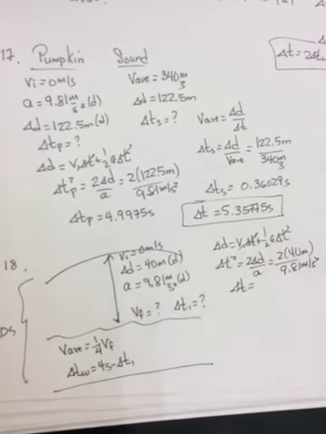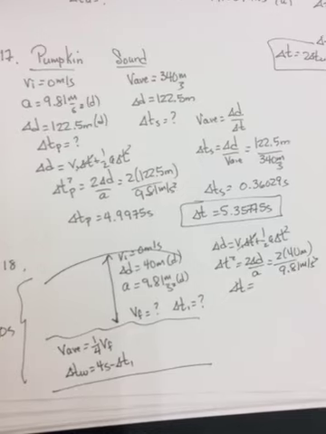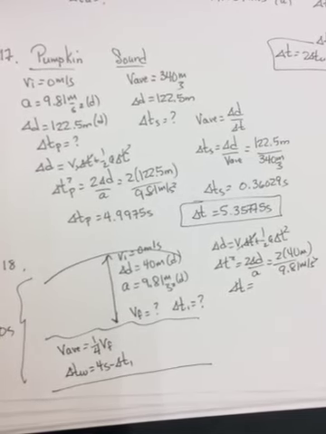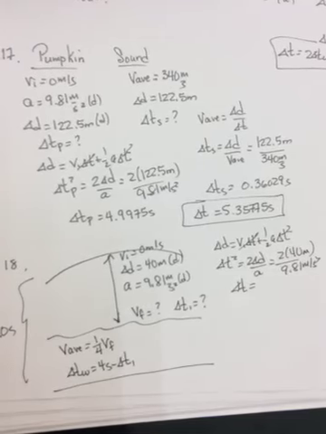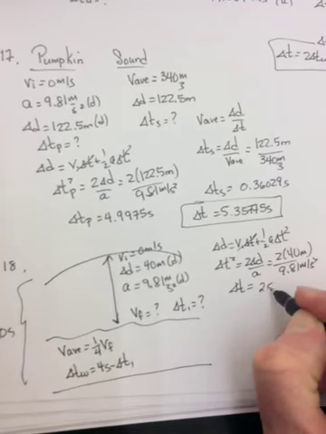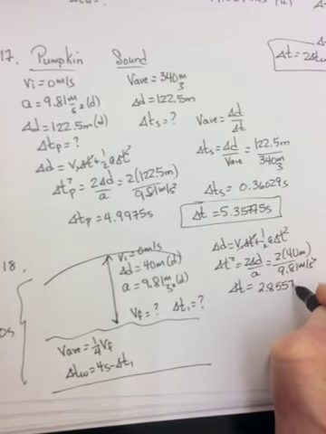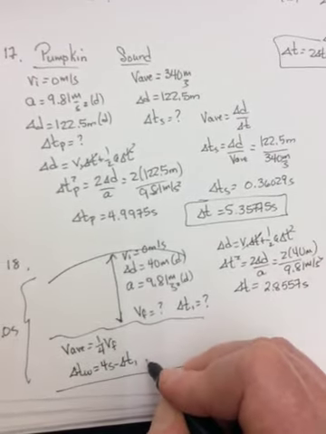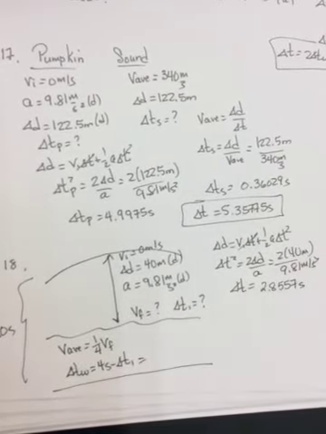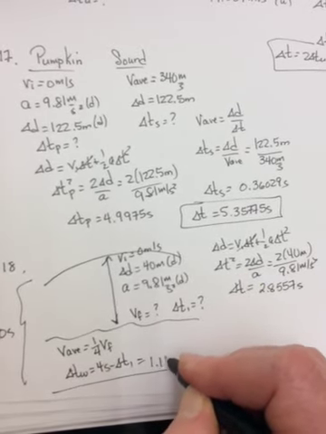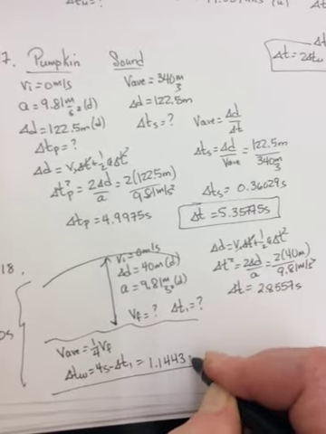Take the square root. 40 divided by 9.81 times 2. Take the square root, 2.857 seconds. Okay? And so then this time will be 4 minus that. So this time down here then is 1.1443 seconds.